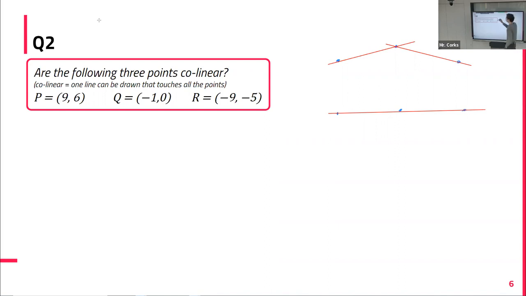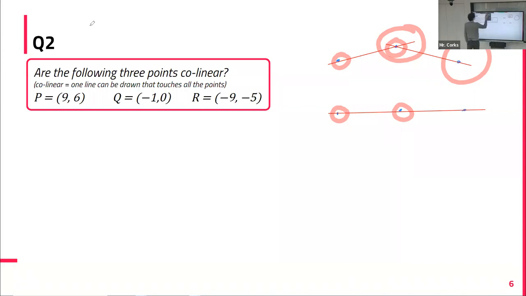One method is we can build an equation from two of the points, and then just check, is the third point on that line? Another method is we could take 2 points and then another 2 points and find the slopes in each case. If the slopes are different, then they must not line up. If the slopes are the same, then they do line up.